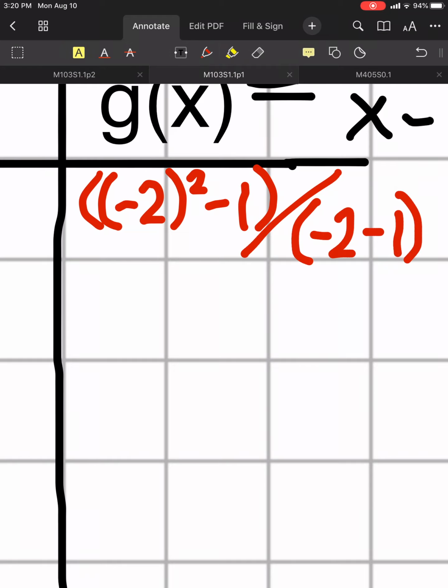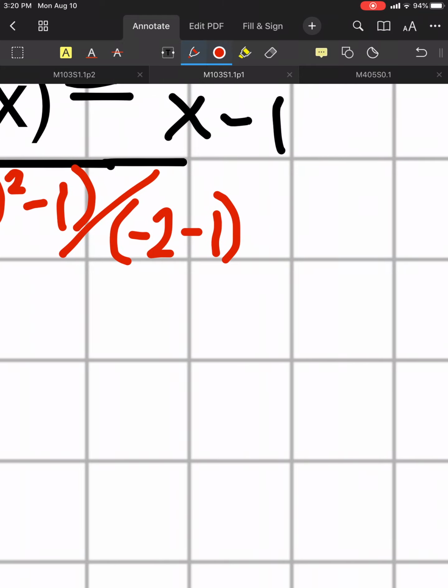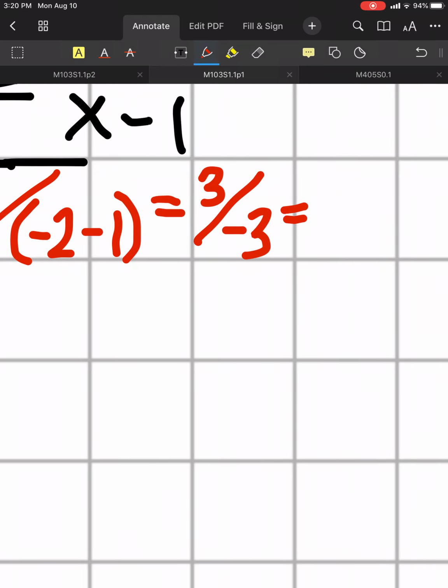Now, of course, this is a little bit complicated. -2 squared is 4. 4 minus 1 is 3. So 3 over -3 here is what we get if we work this out. And if we remember how our fraction rules work, this should give us a -1 value there.